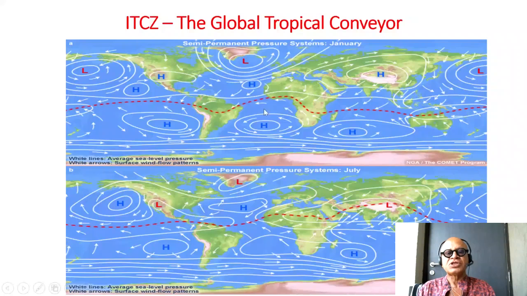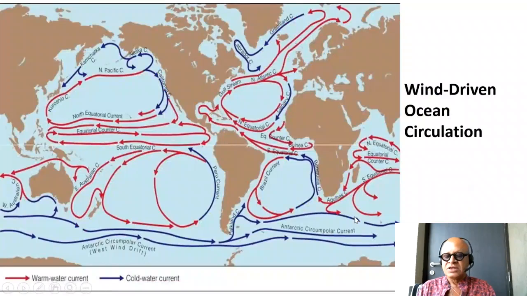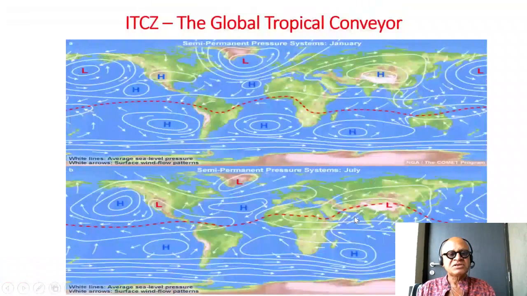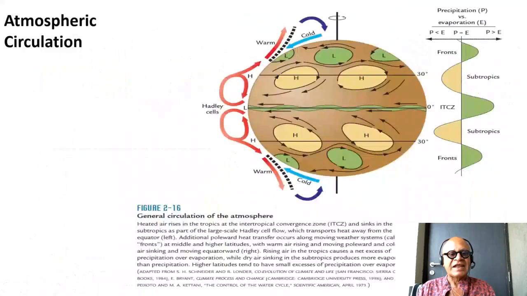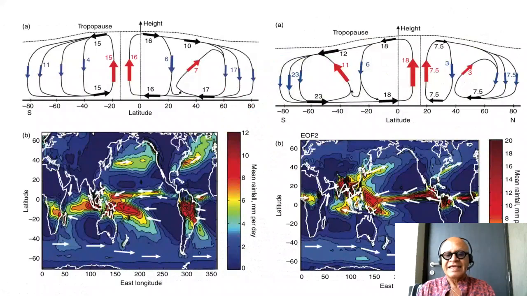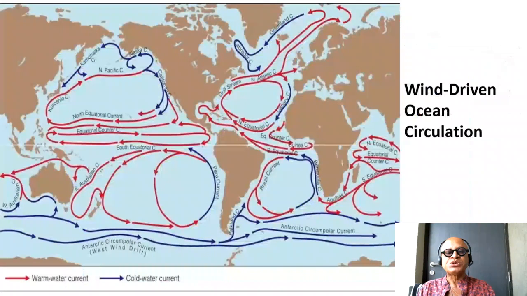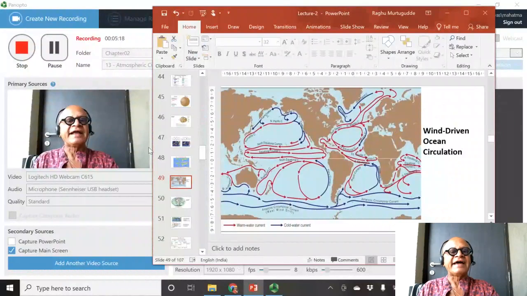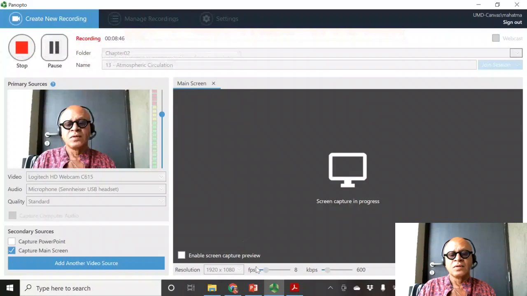This is just showing the ITCZ, but misses again the complications over the Indian Ocean. I missed one figure here, which I will add a little bit later. Essentially, it shows mid-latitude storms as well. I will show that in a minute when I finish this. So before going to ocean circulation, maybe let me add that and pause.